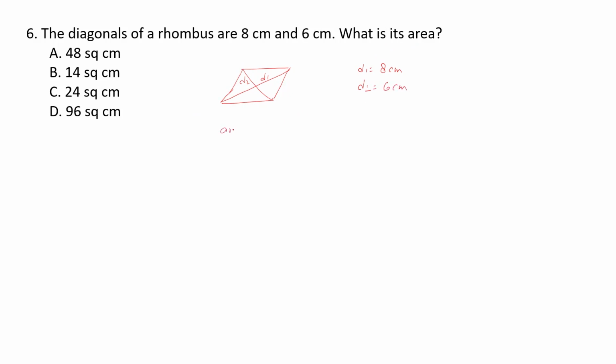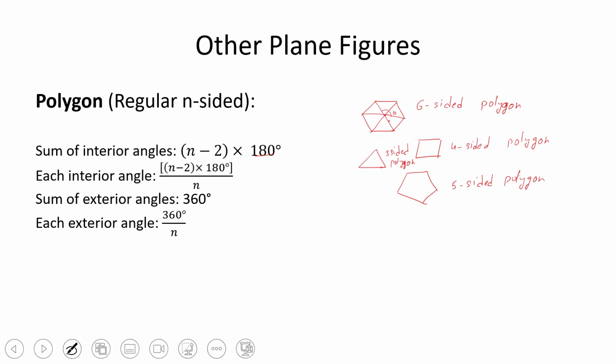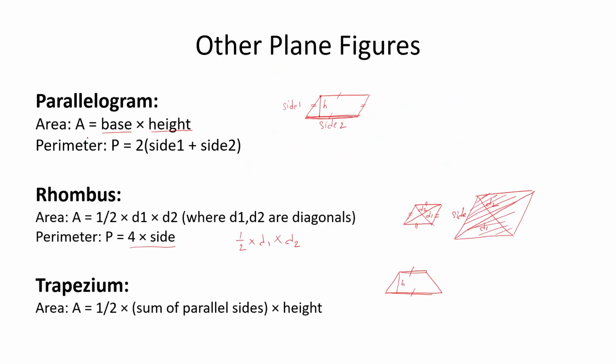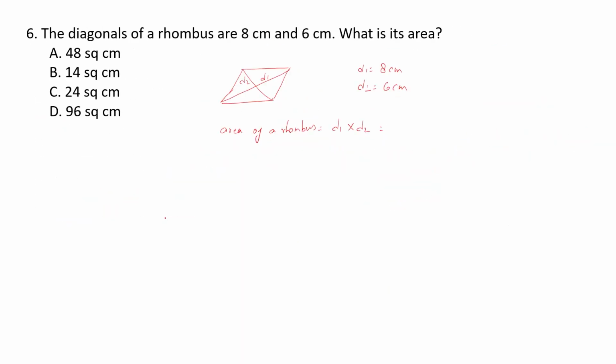So area of a rhombus is, as far as I remember, D1 into D2. But let's cross check. So area of a rhombus is 1 by 2 into D1 into D2. I forgot to put 1 by 2 here. Yes, so it is 1 by 2. Let me write it again.